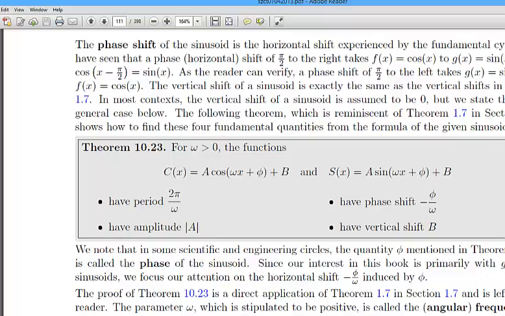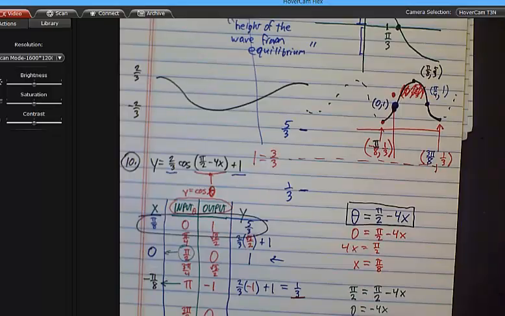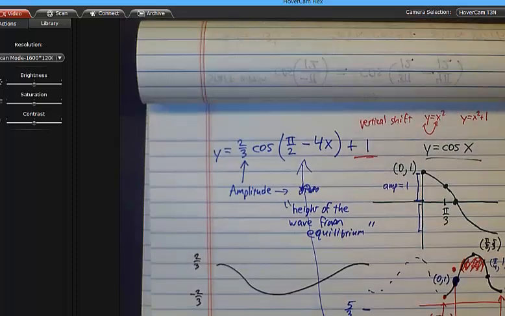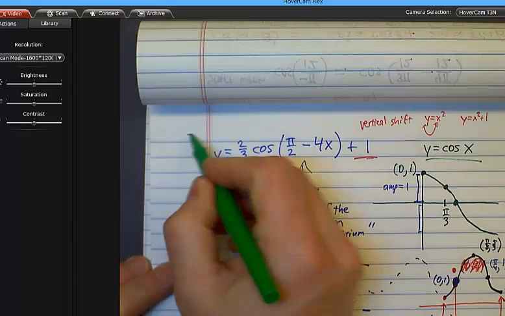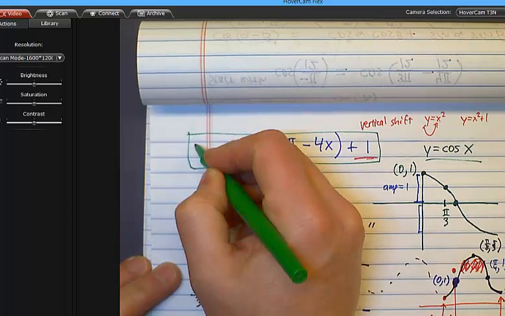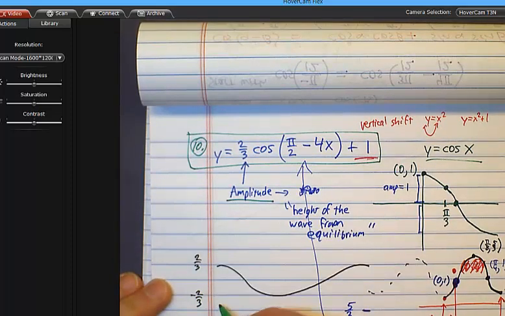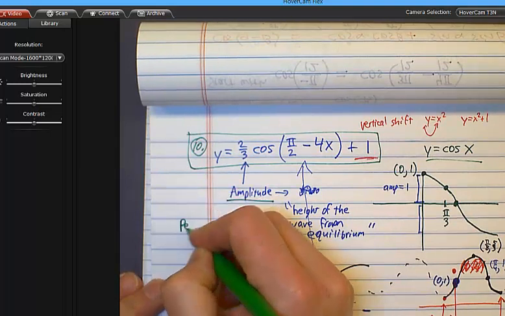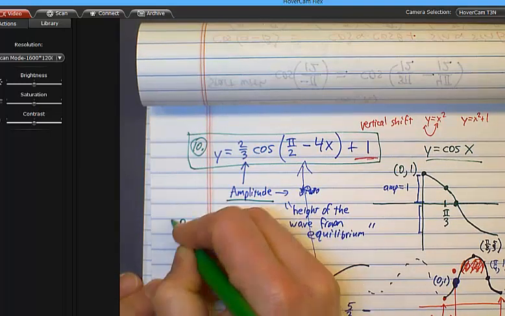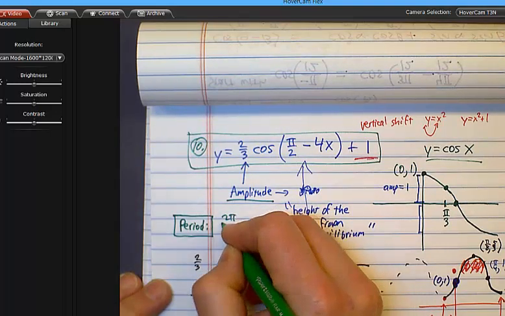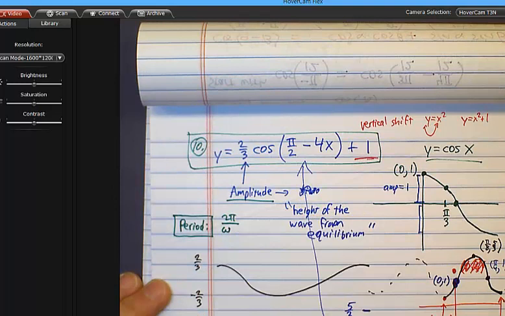I'll go back to my paper, and let me say a few things about this function. Looking up at the top, here's the original function, number 10. I already talked about amplitude with you guys. But if I said to you, what is the period? Well, the period normally is 2 pi, but I need to divide by omega.